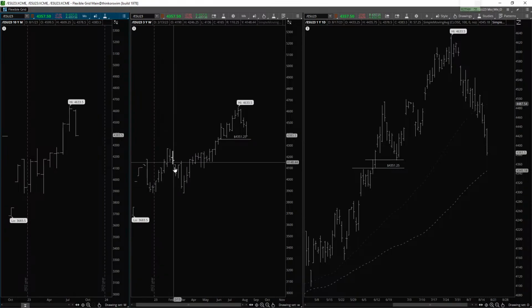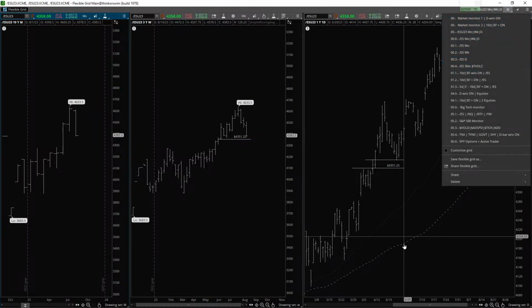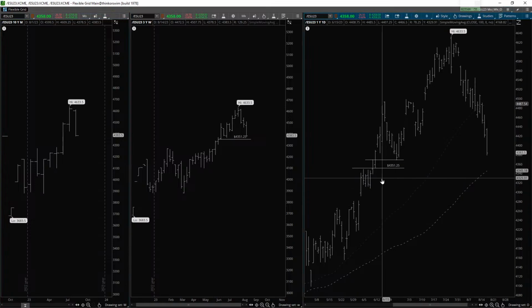Really low amount of contracts being traded, all the way up to June 12, which is this day here. This day here was the last day. I believe it was Friday. Let me check that.